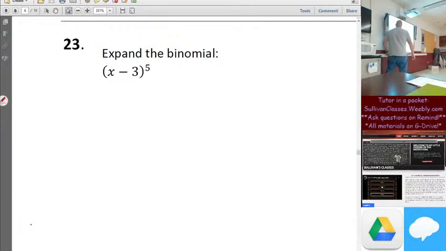I always call it Linus because it needs a security blanket with it. But expanding the binomial, I really don't want to multiply out 5 of those. That sheet thing. Or as one kid got in my quote book for, oh, that stupid Pascal triangle. Like, it's not an Easter egg.